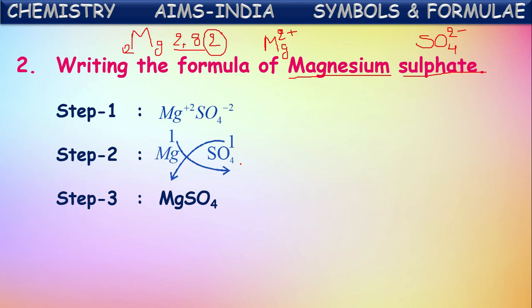If it is 1, no need to mention it in the formula. So the molecular formula of the compound magnesium sulfate is MgSO4. In this way we can write the molecular formula of compounds by following the rules of the crisscross method.